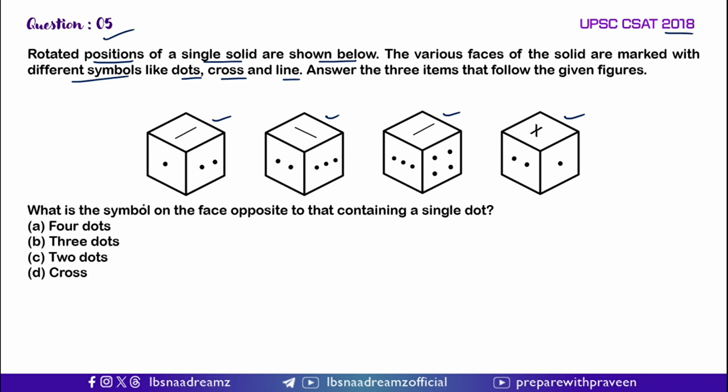What is the symbol on the face opposite to that containing a single dot? So let us take one image as the reference image and one symbol as common. So we have lines on these 3 images.